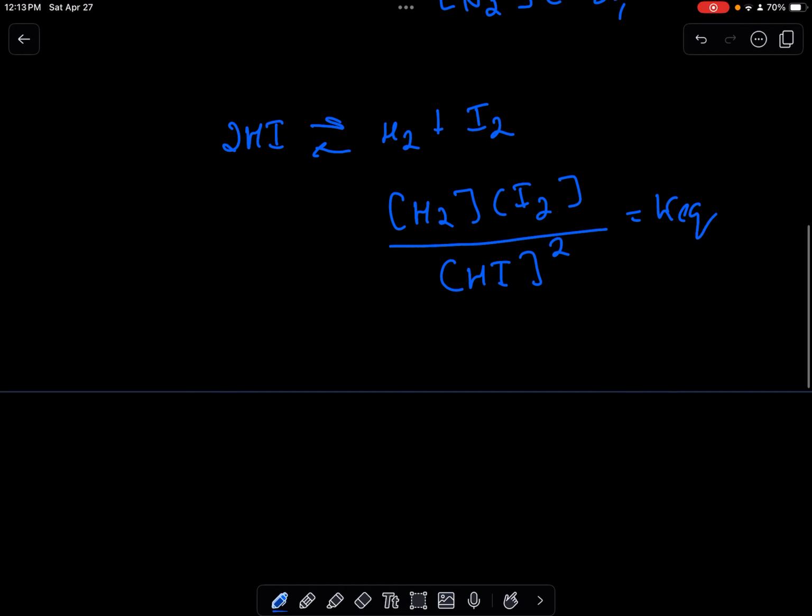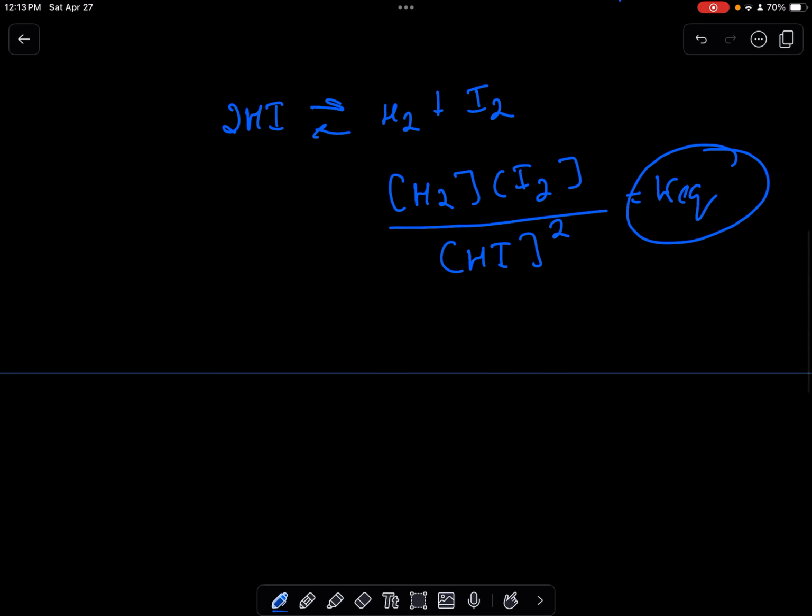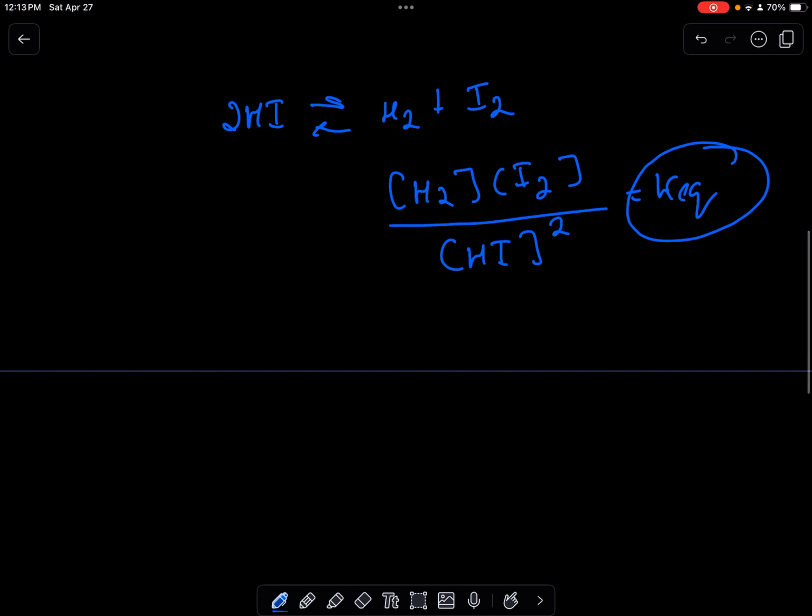Now, how do we calculate the equilibrium constant? Well, first of all, we need to know what the concentrations are at equilibrium. Remember, this is at equilibrium. So, if we said, for example, that the concentration of H2 was 0.12 molar, the concentration of I2 was 0.25 molar, and the concentration of HI was 0.25 molar, what we'd get is our equilibrium constant, so we'll just cancel these.